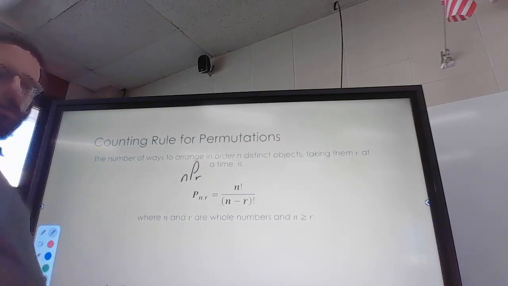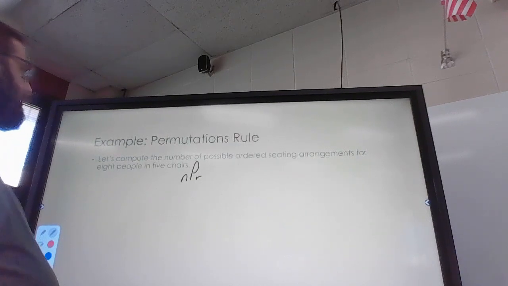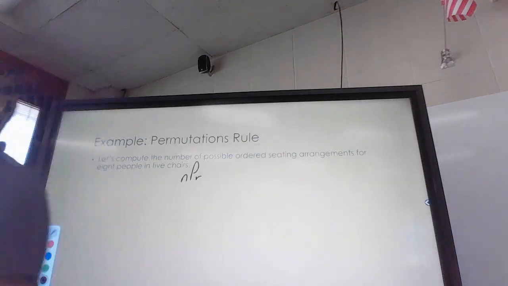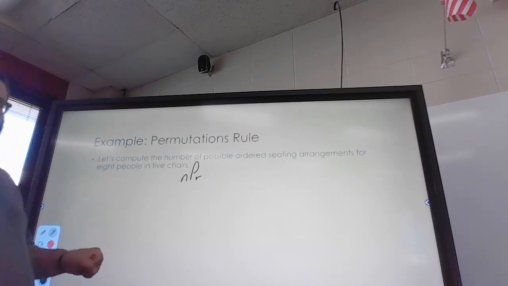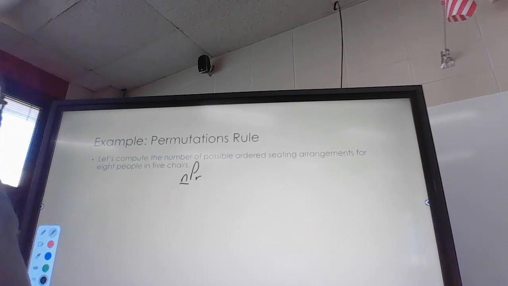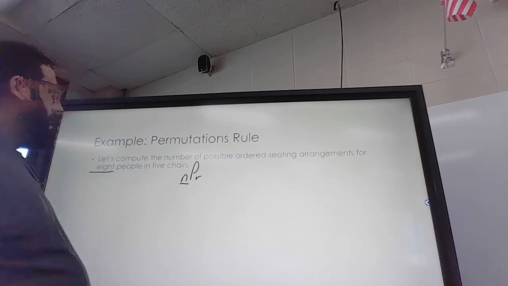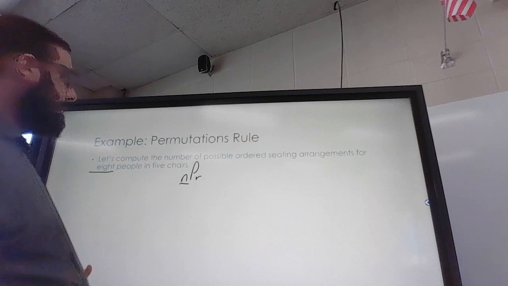Okay. So when we are calculating this example, compute the number of possible ordered seating arrangements for 8 people in 5 chairs. When you do a permutation, and eventually we'll get to a combination, the larger number always goes here on the left, regardless of whether or not the number of arrangements and the number of things that you're arranging are the same.